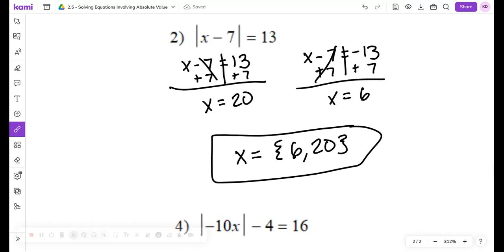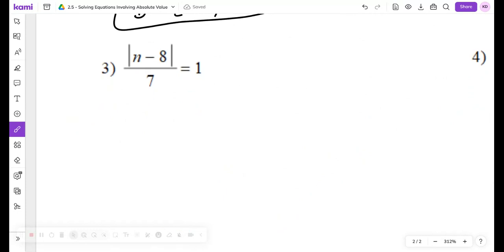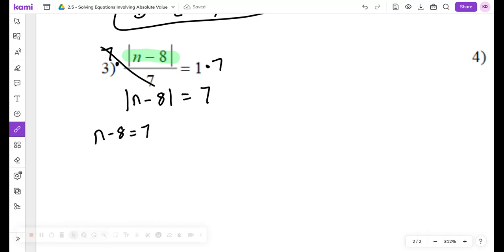All right, let's talk about the third one, I guess. In this scenario, my absolute value bars are not isolated. I need to get them by themselves. So the first thing I need to do is get rid of the 7 on the bottom. So I would actually multiply both sides by 7. So I have the absolute value of n minus 8 equals 7. At this point, this is where I would drop my absolute value bars and make two equations.